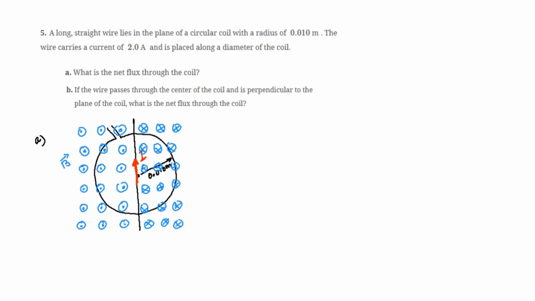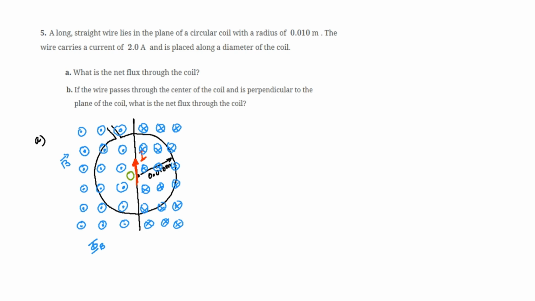So basically, in this half to the left of the wire, you have one magnetic flux, that of course is due to the magnetic field leaving the plane. So just that magnetic flux is BA cosine of theta. Let's say that the normal to the plane of the loop is leaving the plane.